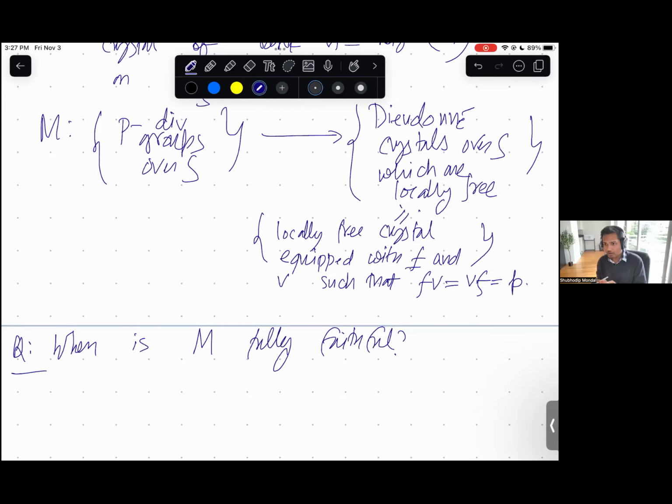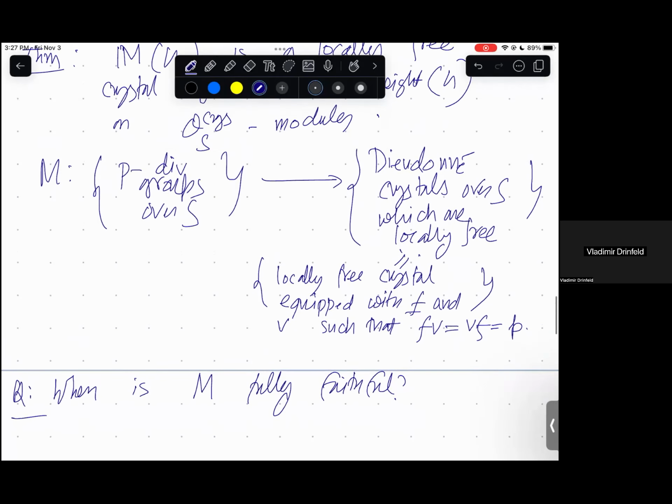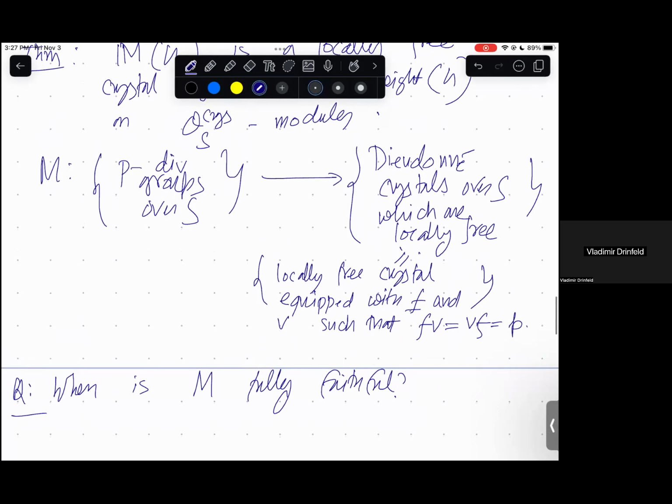Does it influence the property of being fully faithful? Maybe not. For fully faithfulness, this probably doesn't matter.